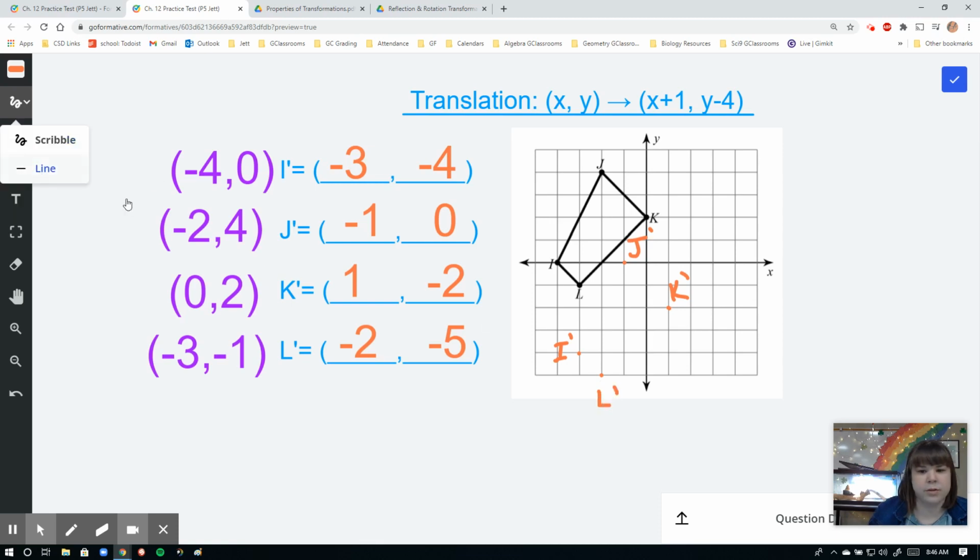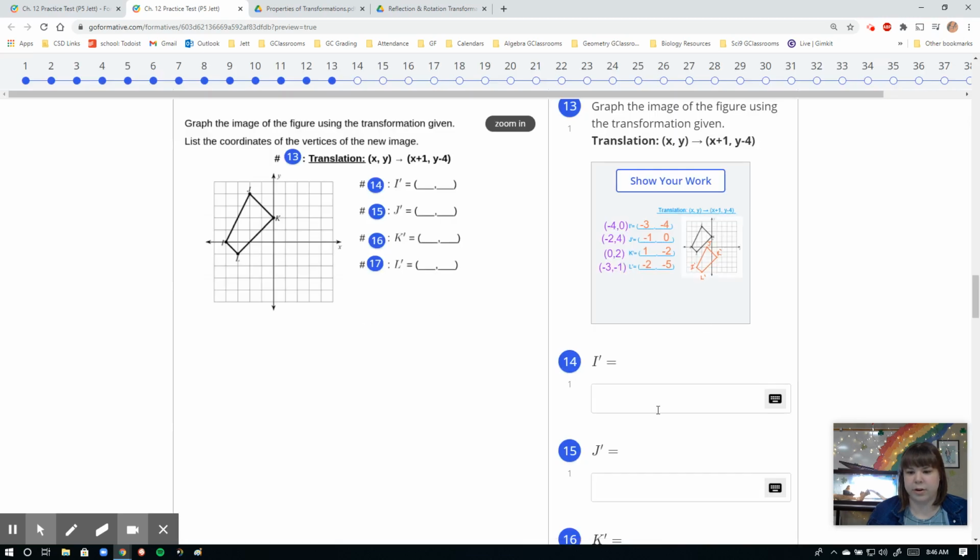And let's get our line tool, draw some lines. All right, there we go. And if you look, again, it just moved to the right one and then down 4. All right, I'm going to click done and then enter in my coordinates. So we've got -3, -4.